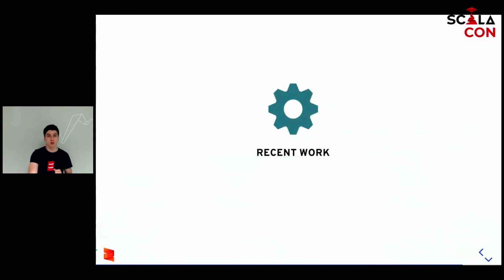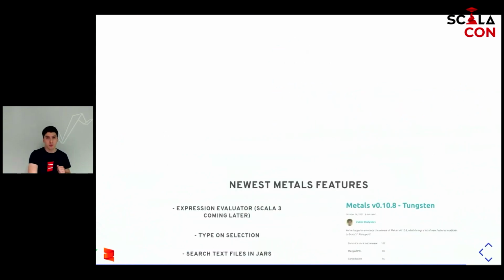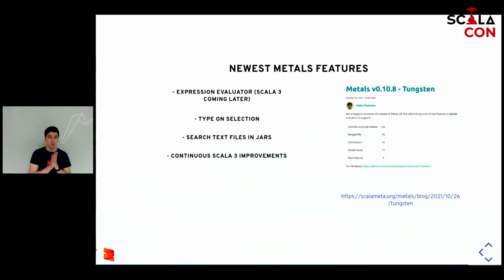Okay, so let's see what the recent work was. We recently merged and released this big 0.10.8 release. It has support for the expression evaluator, unfortunately not yet for Scala 3.